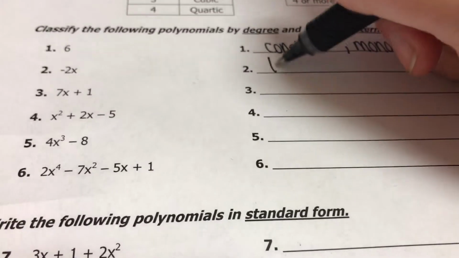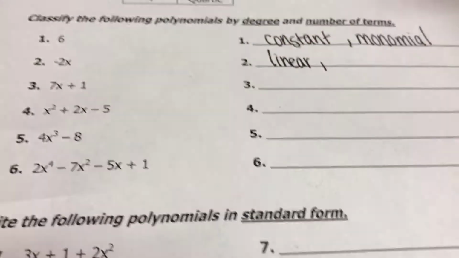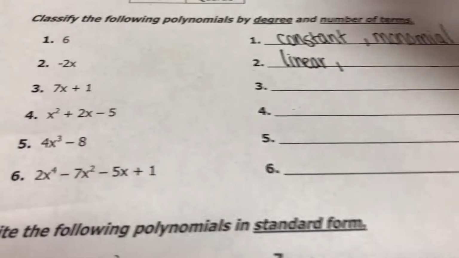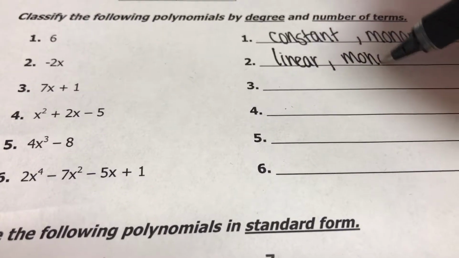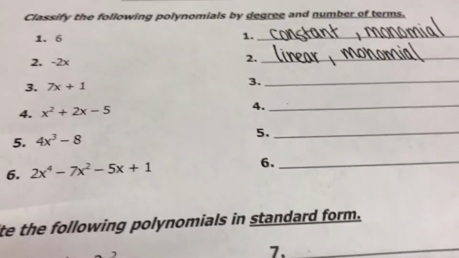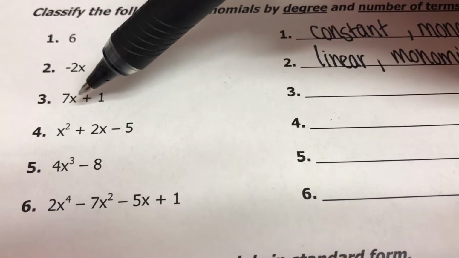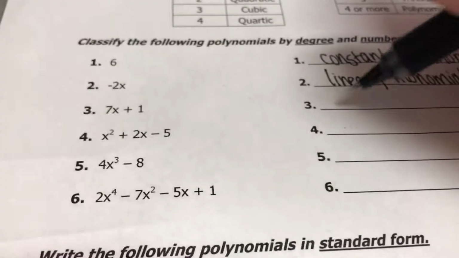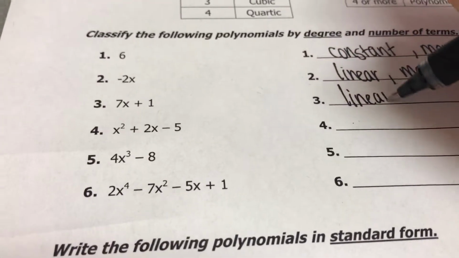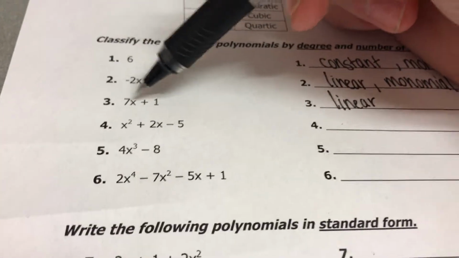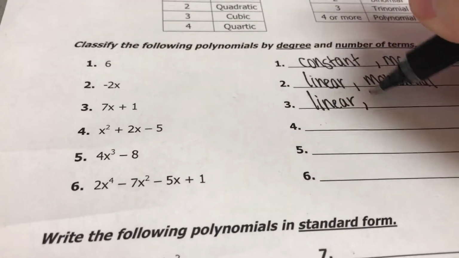So this one's linear. However, I still only have 1 term, so we are going to call it a monomial. The next one, my x is only to the 1st power, so it's still going to be linear. But I have 2 terms now. So because I have 2 terms, it's going to be a binomial.